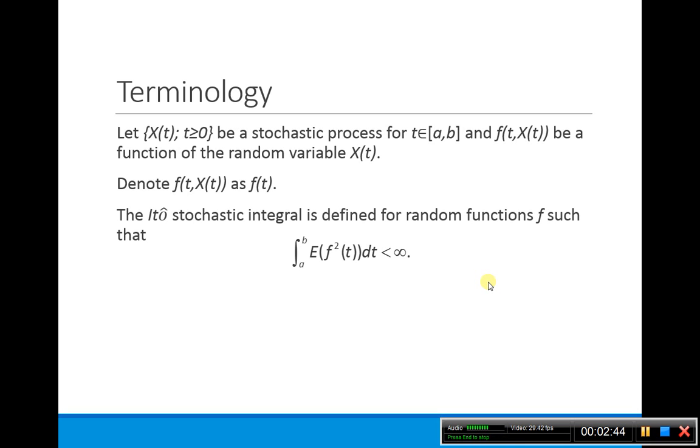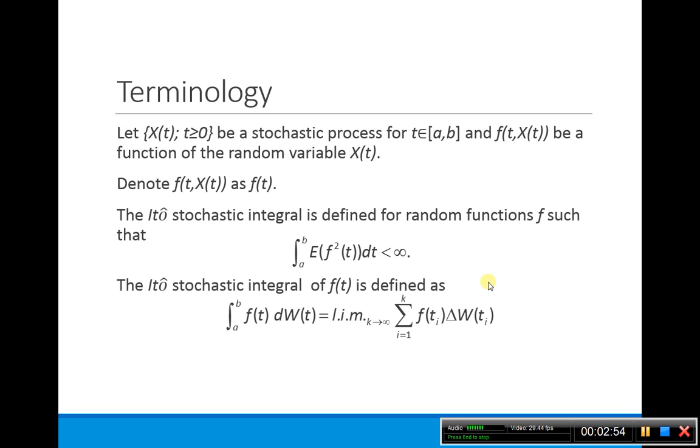Then the Itô stochastic integral is defined for random functions f such that the expected value of f squared is less than infinity on some interval a to b. So the way we can think about the Itô stochastic integral is the integral from a to b of some function with respect to w, remember our Wiener process, is equal to this.